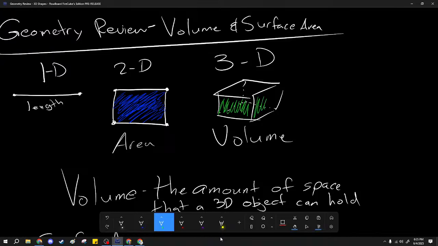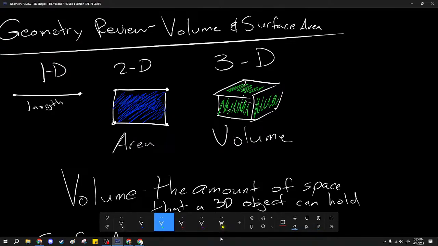The square facing to the right has its own area. The square on the top has its own area. So does the square in the back, and the square on the bottom. All of those areas added together would be the surface area, the outside of the figure, and how much space the surface actually makes up.